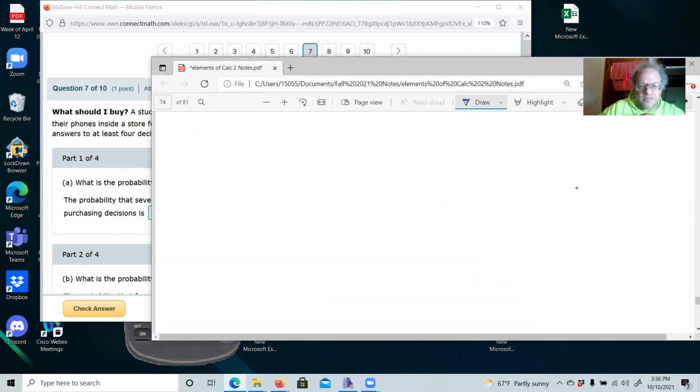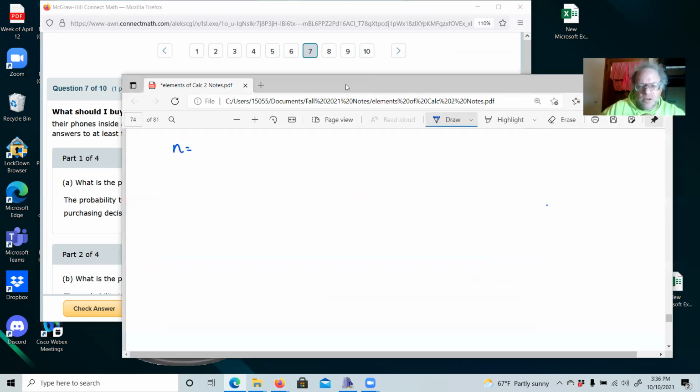Okay, so let's just write down some information here. We have an n equal to how many people? 16 cell phone owners. We're going to say that we have a 0.58 chance of success because we're looking for the number of people who use their cell phones to assist in a purchasing decision.